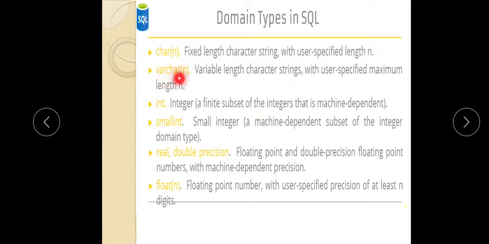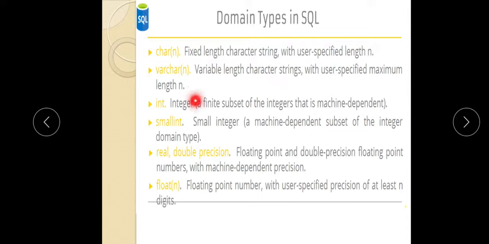Varchar of n means variable length character strings, with a user specified maximum length. If we specify varchar of 10, then we can store up to 10 characters.